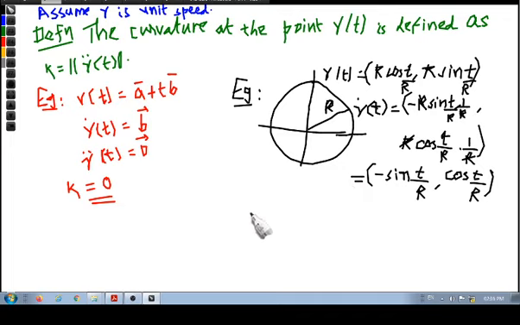Now, what is gamma double dot? Gamma double dot of t is equal to 1 by r times minus cosine t by r, comma, minus sin t by r, into the derivative of t by r, which is 1 by r, with a minus sign here.